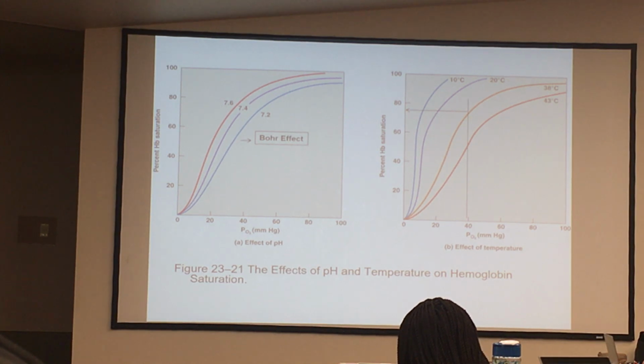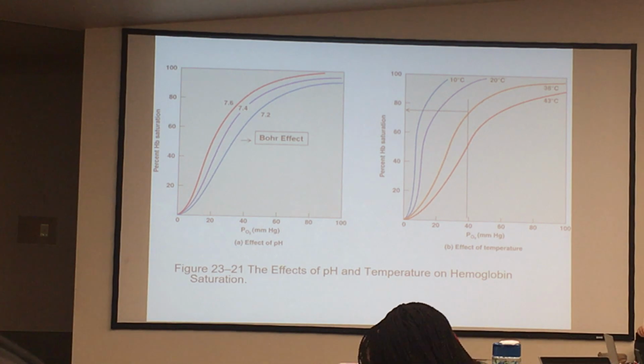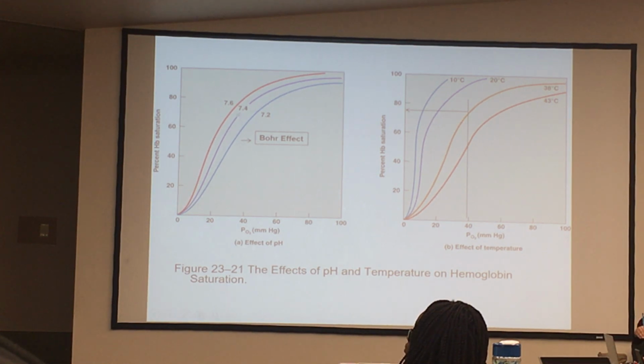Now we have two conditions. One is our blood pH value change. Normally it's 7.4, our normal average pH value. If we get more acid, it could be 7.3, 7.2, and we call that acidosis, too much acid. And the curve shifts to the right.